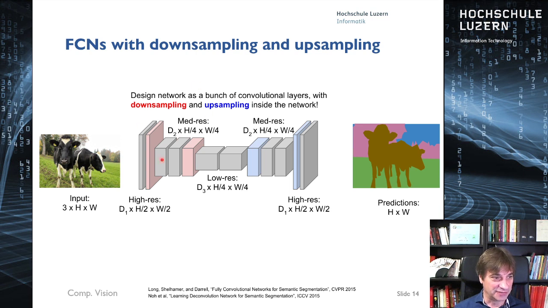Maybe you do some downsampling, and then you have a condensed image where each pixel captures the features from a larger neighborhood, and then you would like to go up again to the full resolution. Why? Because you would like to have a prediction for the full image, for every pixel that you had in the beginning, so we'd like to receive the same resolution at the end.